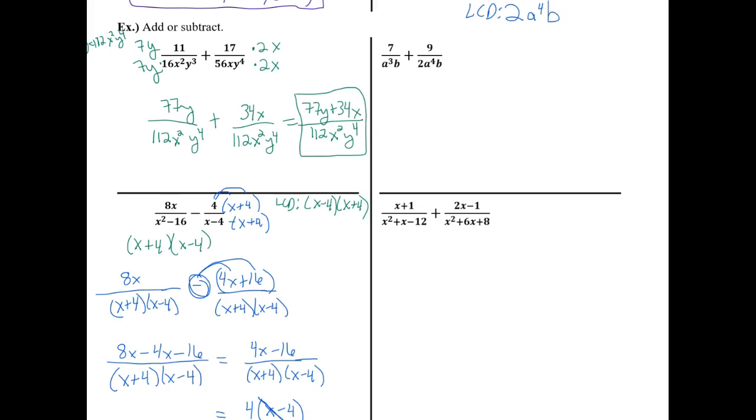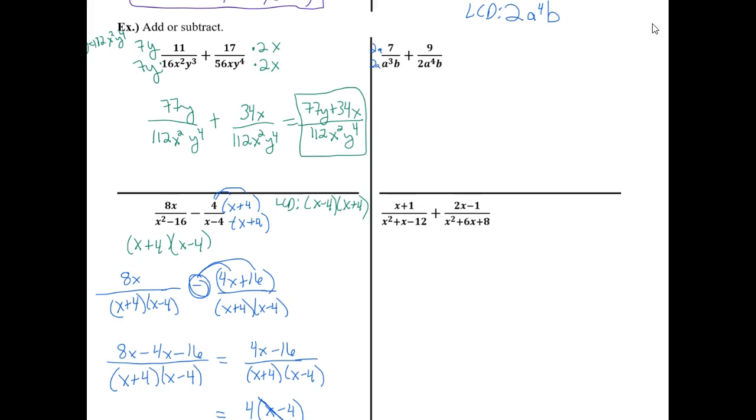There's the LCD. Now I need to make each term look like that, each denominator. The one here on the left has a cubed b. What is it missing? It's missing a 2, and it's missing an a. So I have to multiply by 2a, numerator and denominator.